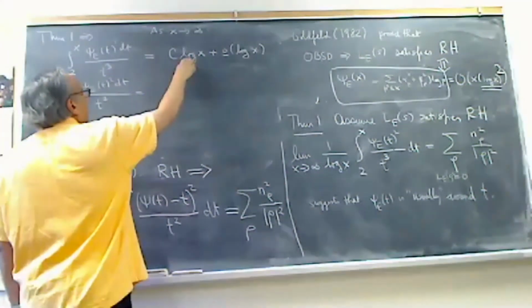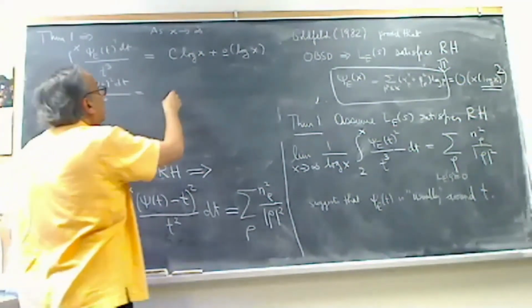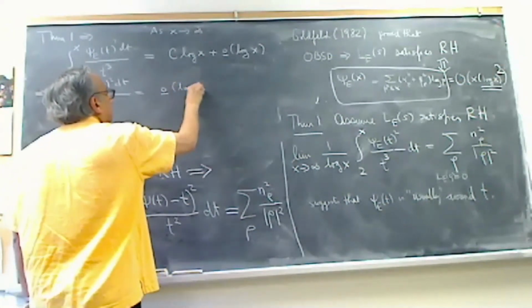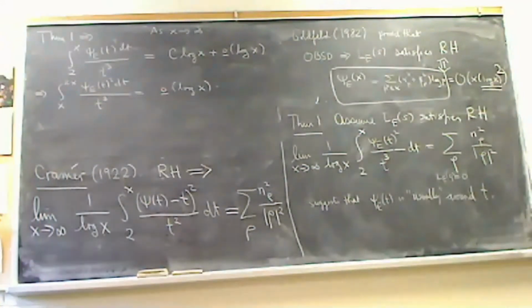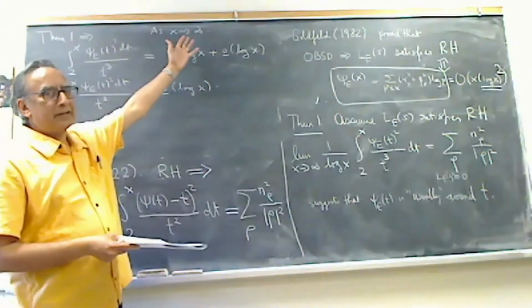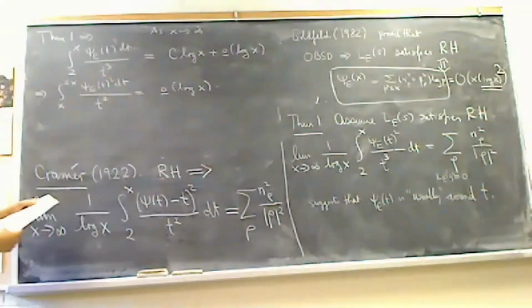And that's c log 2x minus c log x. That's just a constant, but then you'll just get little o of log x. Because the saving that you got by having a constant is not going to help you at all, because there's still this error. Okay, so you get something like this.